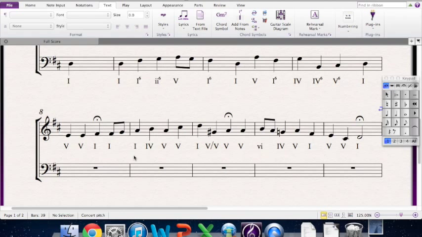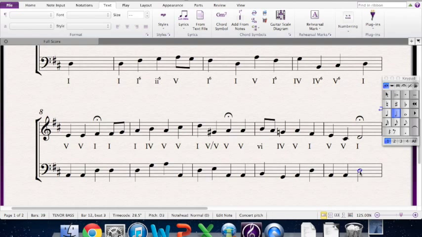Cool, so now we have our chords. Let's write out the bass line, which at this point is just the roots of everything. G. Right now we're ignoring some of the rules that we are breaking, such as parallel octaves.